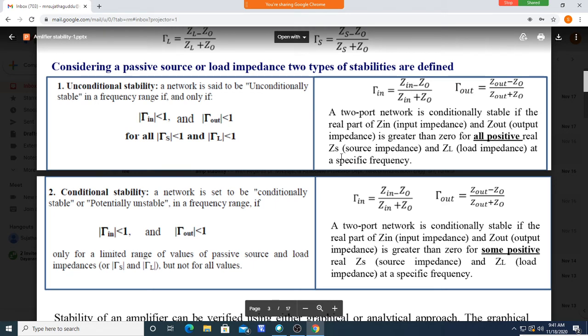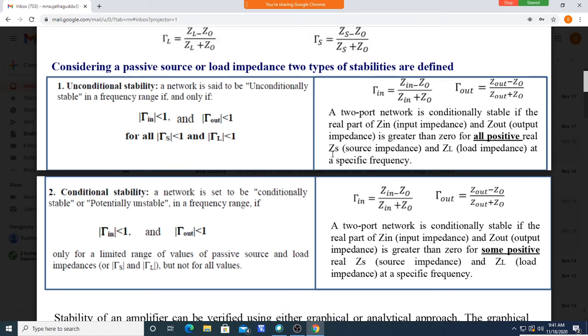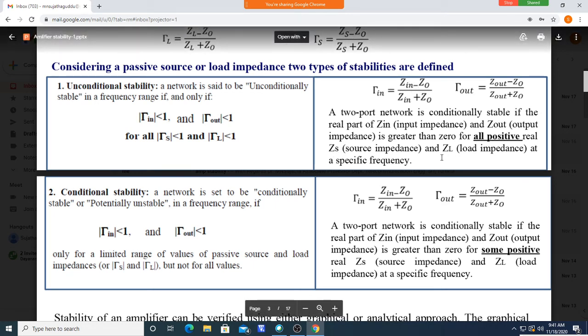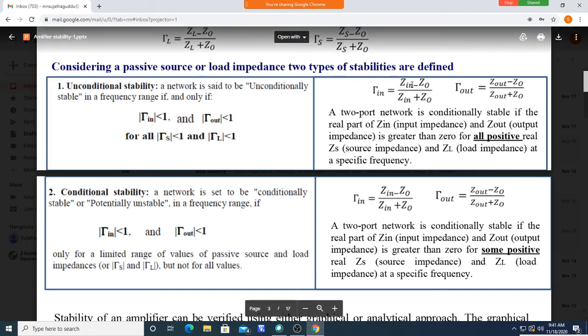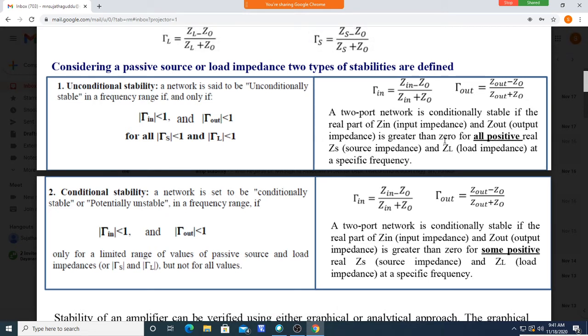Zin depends on ZL, and the real value of this must be greater than 0. What does greater than 0 mean? Impedance means R plus jX, where R is the real part, and that must be greater than 0.